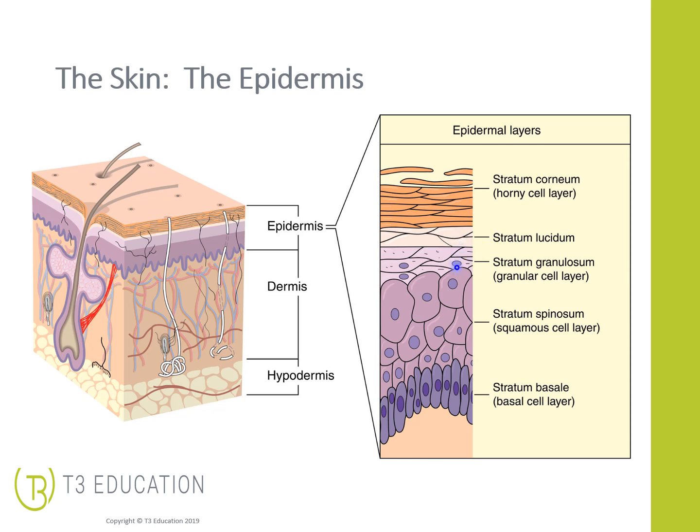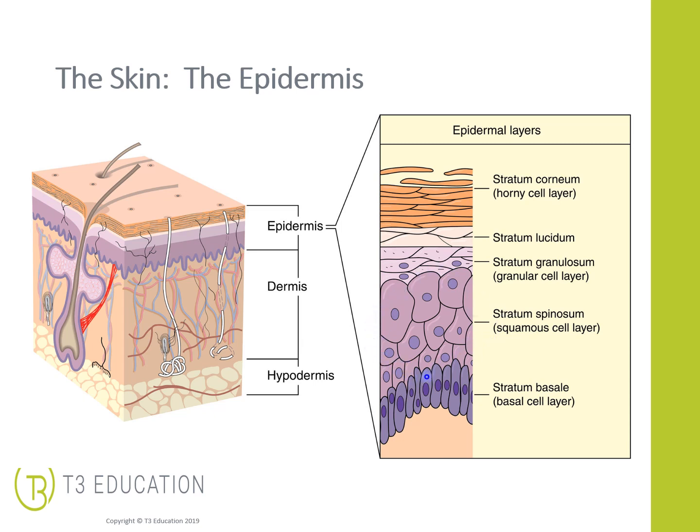We then have the granular cell layer, or the stratum granulosum, and this layer contains the oils that help the skin remain watertight. So again, a protective layer. We then come down to this thicker layer, the squamous cell layer, prickly cell layer, stratum spinosum. So that spiny, prickly name, that comes from the spine-like projections of the cells in this layer.